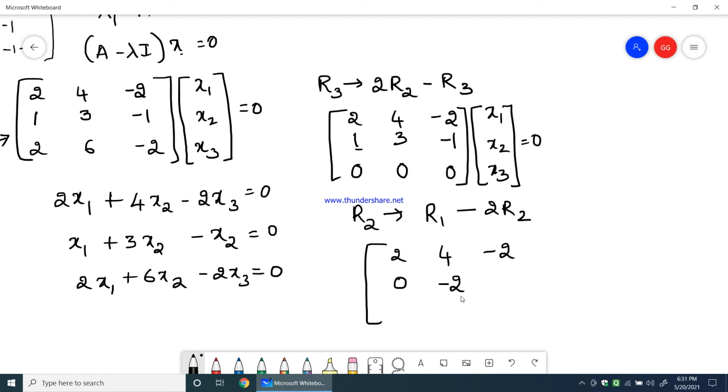So 4 minus 6 is minus 2. Minus 2 minus of 2 into minus 1, so it is minus 2 plus 2, which is again 0. So this becomes 0, 0, 0, into x1, x2, x3 equals 0.